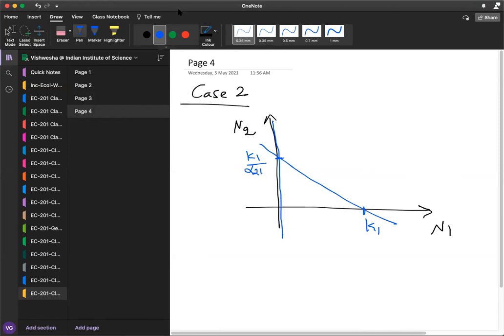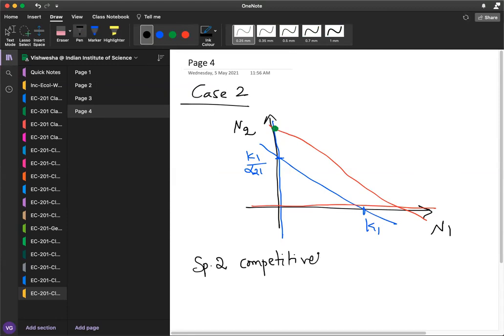An obvious converse to this is that the null line for species 2 is now here. I will leave this as an exercise to you: you will find that this equilibrium becomes stable, with the outcome that species 2 competitively excludes species 1. Again, one can write down these conditions very intuitively.